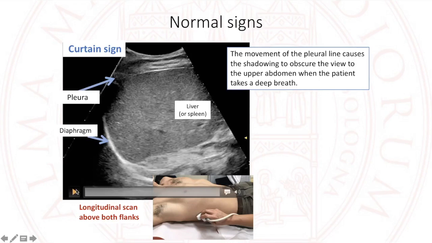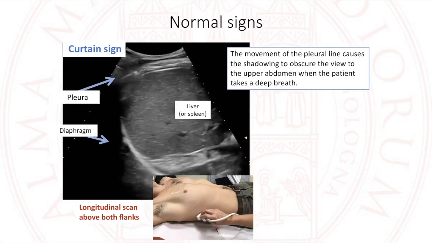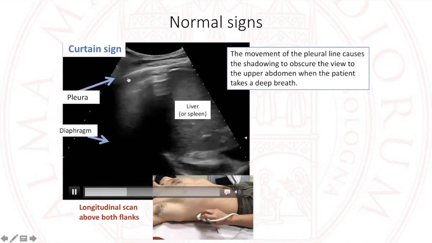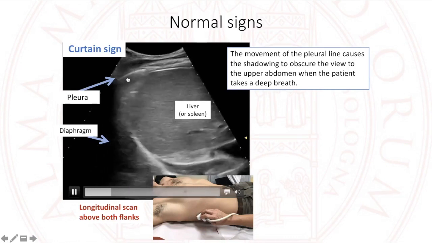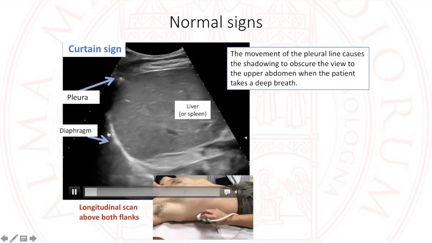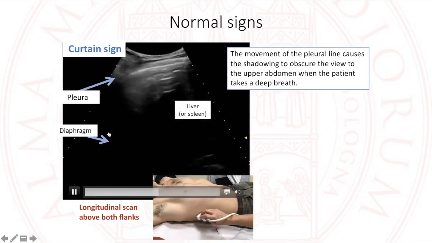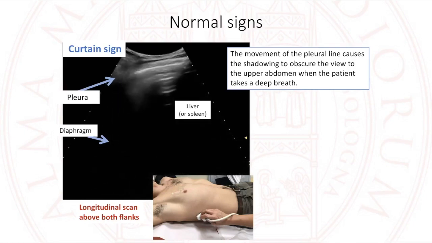So now, if the patient breathes in and out, we see this effect. Of course, this hyperechoic layer here is the air inside the chest, inside the lung, that goes down and up again. This movement is called the curtain sign, and it is also important to assess normality.